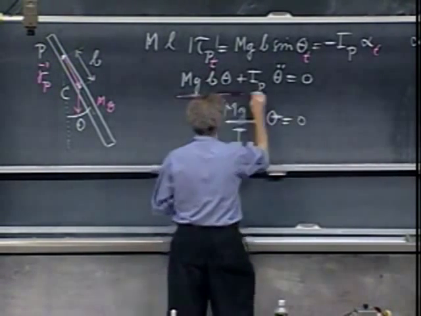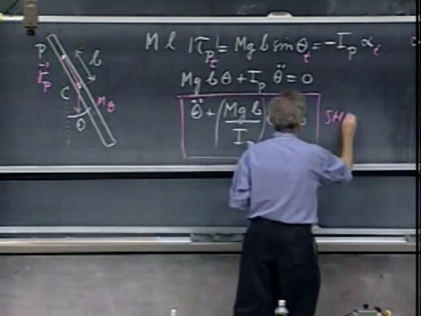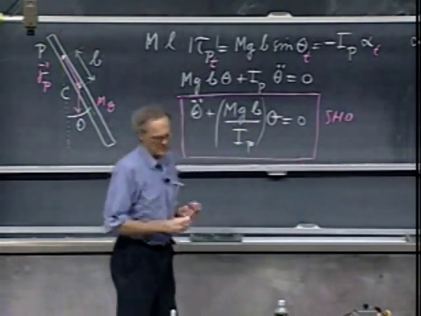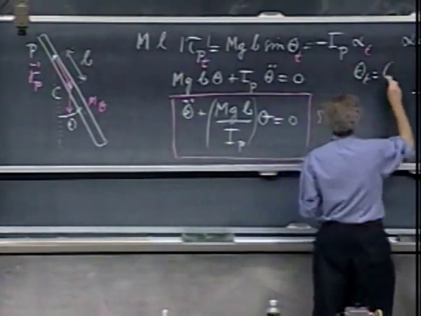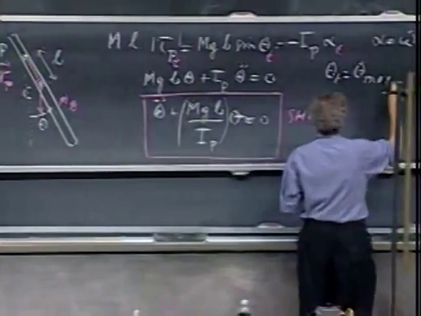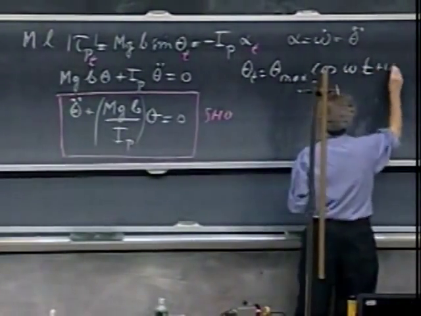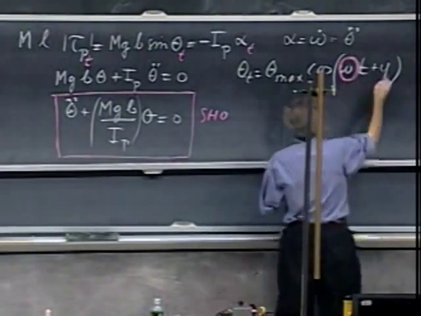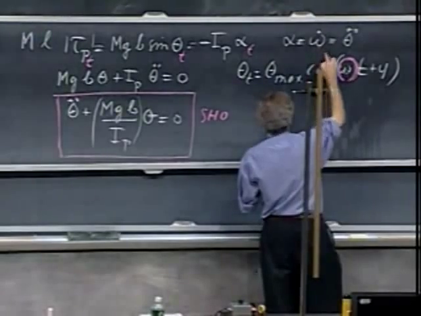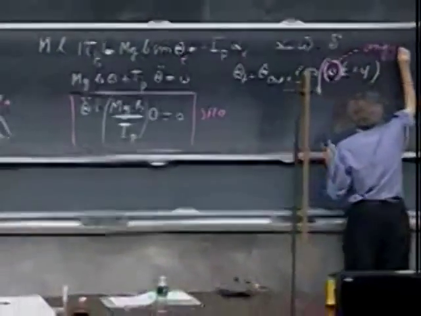And this, for sure, is a simple harmonic oscillation in theta. And the solution must be that theta in time must be some maximum angle times the cosine of omega t plus phi. This omega has nothing to do with that omega. This is angular velocity, and this is angular frequency.